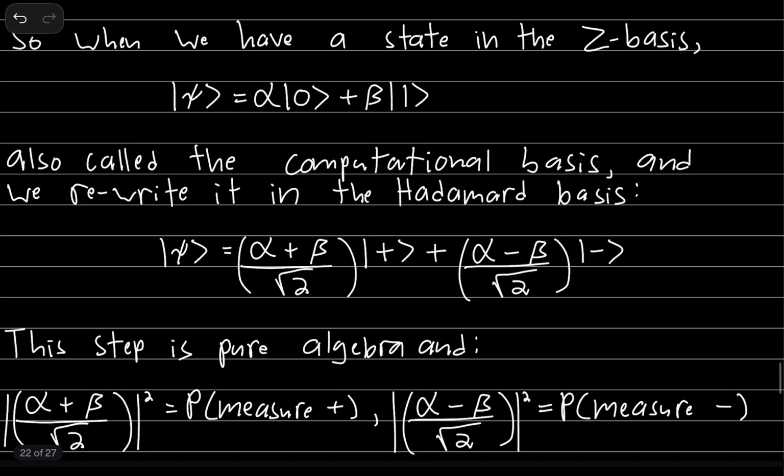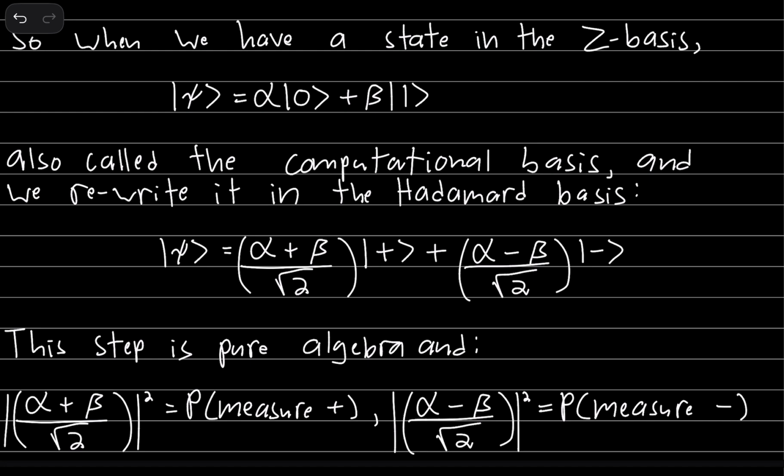And just for the sake of completeness, our hardware is typically suited to measure in one basis, typically the z basis. So when I say measure plus, measure minus, that doesn't really make much sense. What we would usually do, if we wanted to quote unquote measure in the Hadamard basis, is apply a Hadamard gate to whatever state we were working in, and then measure in the z basis.